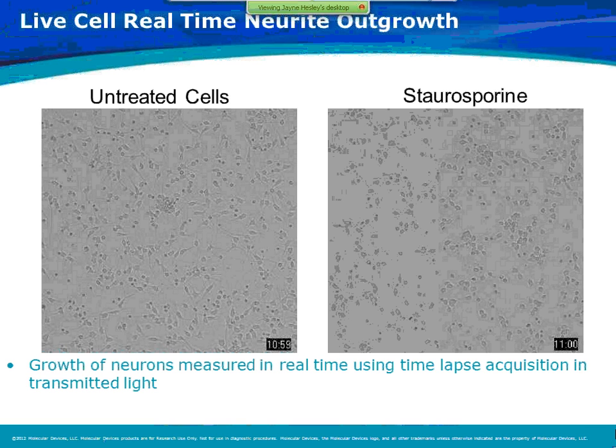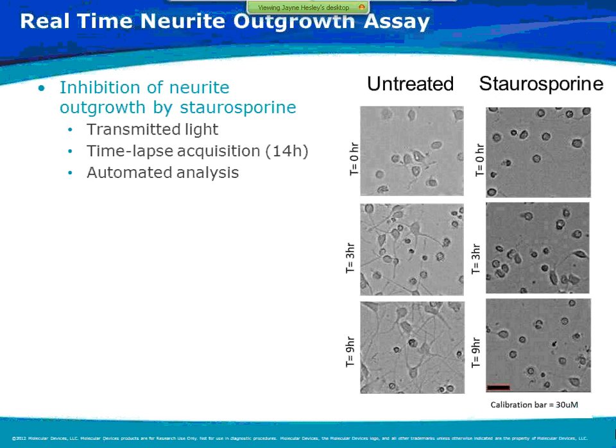They were not healthy. This was done in a 96-well plate where we imaged every well every 20 minutes. And so these are the videos that are created from the time-lapse images. What we did, I guess I explained, we did it with transmitted light. It was time-lapse acquisition up to about 14 hours post-plating, and then we did automated analysis on this.